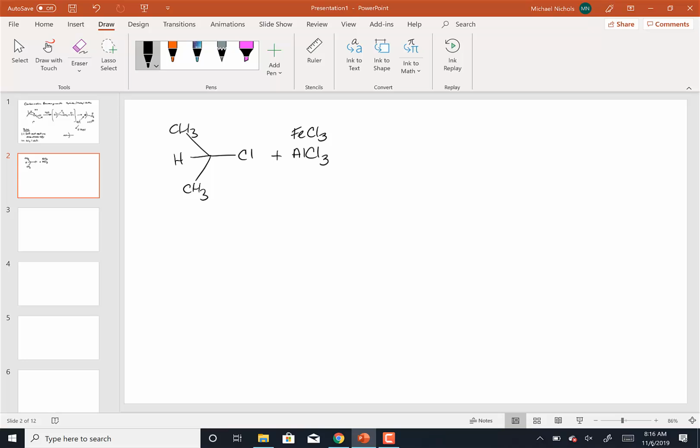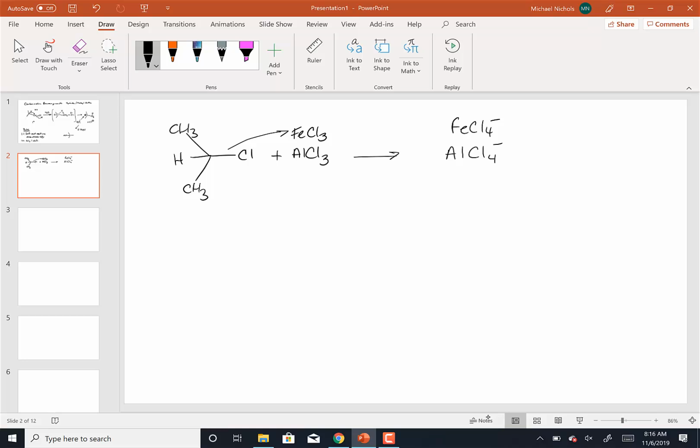This is called a Friedel-Crafts reaction. What happens is that the aluminum or the iron can break the carbon-chlorine bond, and you can give the chlorine to the iron or to the aluminum so that on the other side you would make something like AlCl4 minus or FeCl4 minus. So an easy way to make a carbocation is to react an alkyl halide with aluminum or iron.